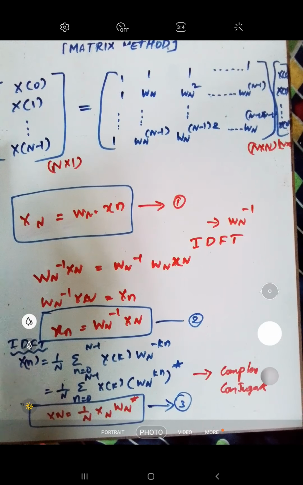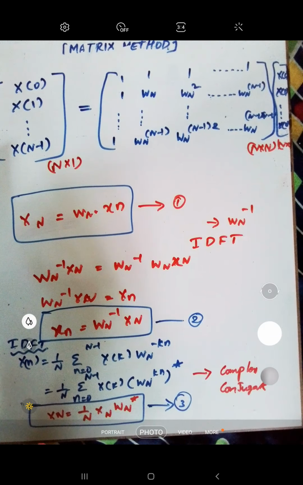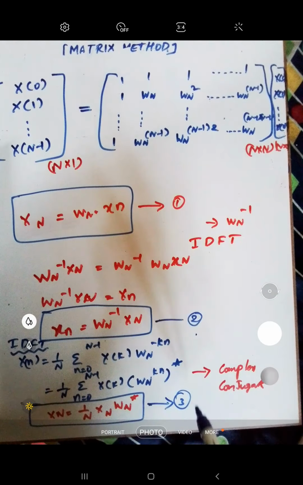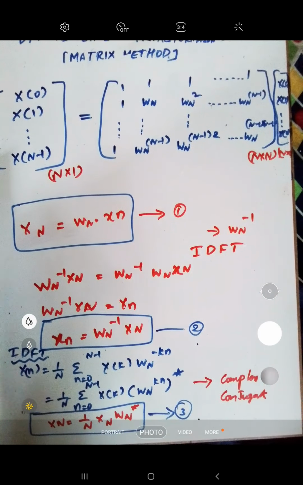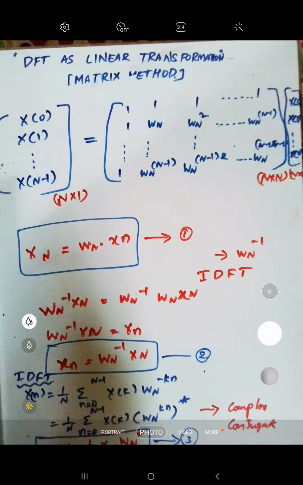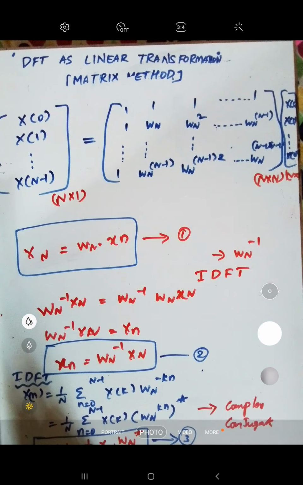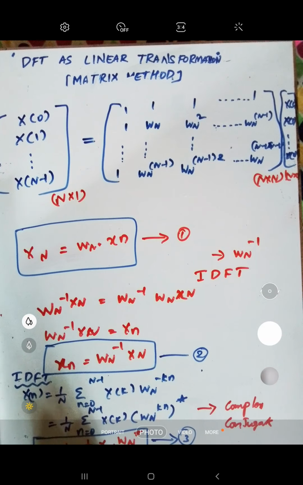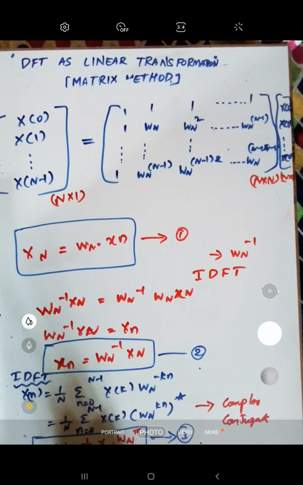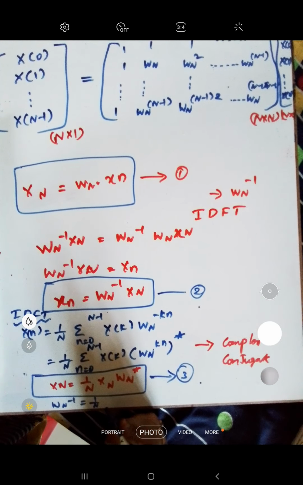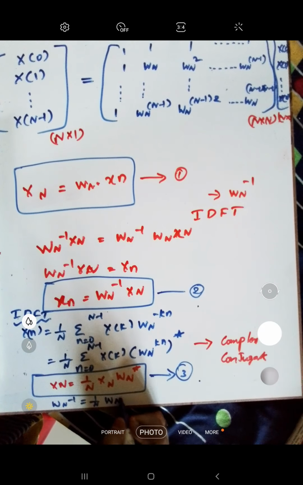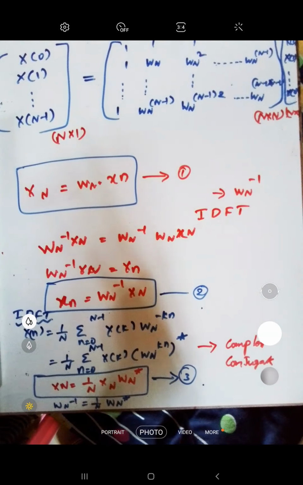By using this inverse discrete Fourier transform of the given series, we can compare equation 2 and equation 3. Then it can be written as W_N to the power of minus 1 is equal to 1 by N, W_N complex conjugate.